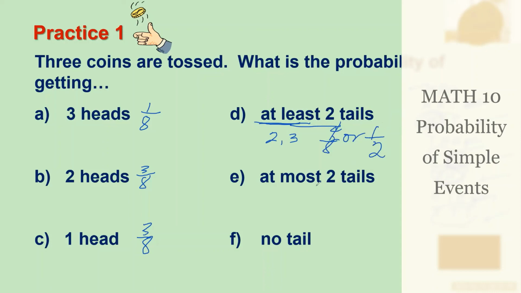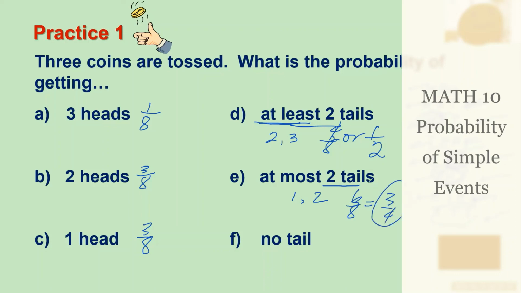At most 2 is the highest, 1 is the lowest. You cannot have 0 kasi wala namang tail yon. Kaya at most 2, pwedeng yung may isang tail, then 2 tails. So 1 tail is here, 1, 2, 3, 4, 5, 6. 6/8 or divide by 2, 3/4.